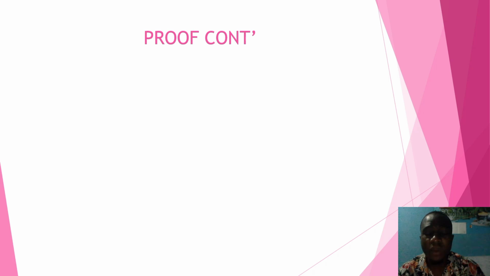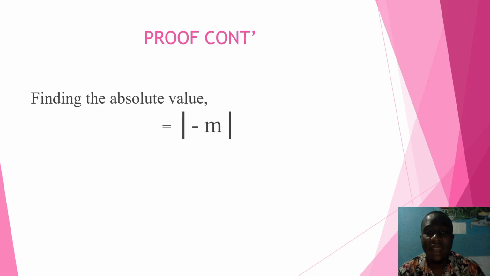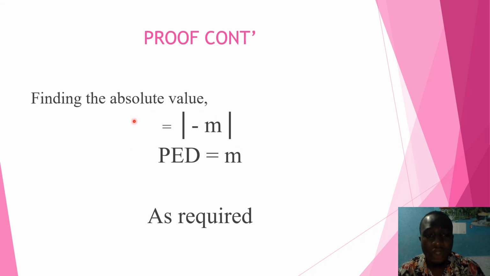But we know that when we find the elasticity of demand, we find the absolute value. So finding the absolute value of minus M, which we have gotten, gives us M. So we were able to prove that the price elasticity of demand of Q equal to AP exponent minus M is actually equal to M.